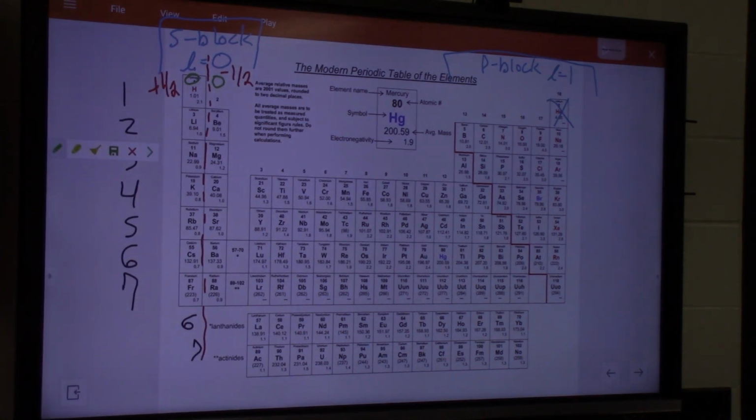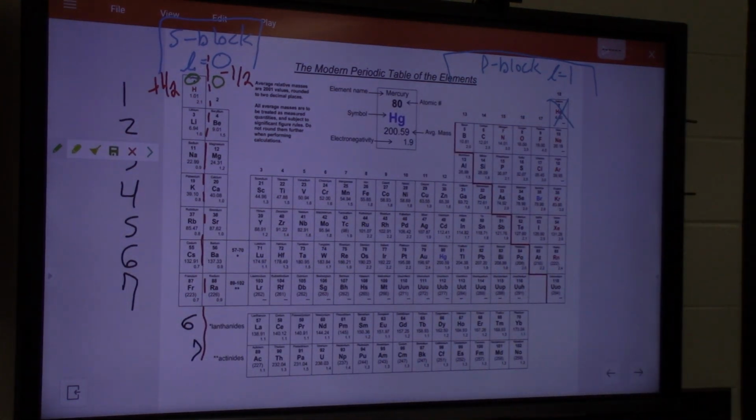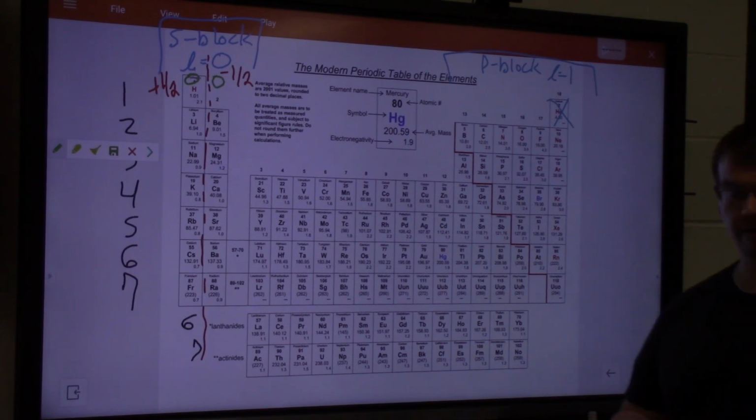Now we got to break down M sub L. If L is 1, then what's M sub L? What are the possibilities? Negative 1, 0, and 1.